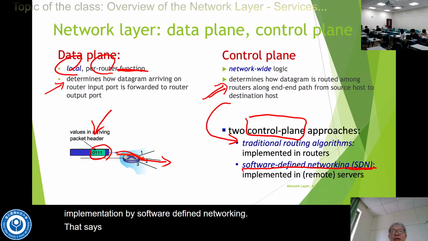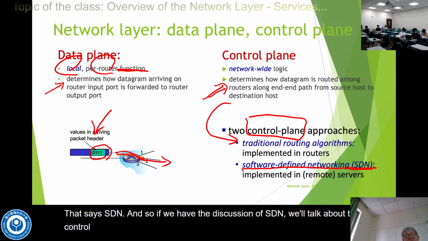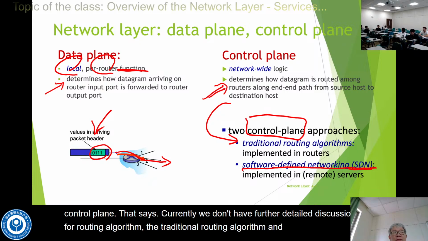So if we discuss SDN, we talk about the control plane. That says currently we don't have a detailed discussion of routing algorithms, the traditional routing algorithm and SDN. We just talk about the forwarding.